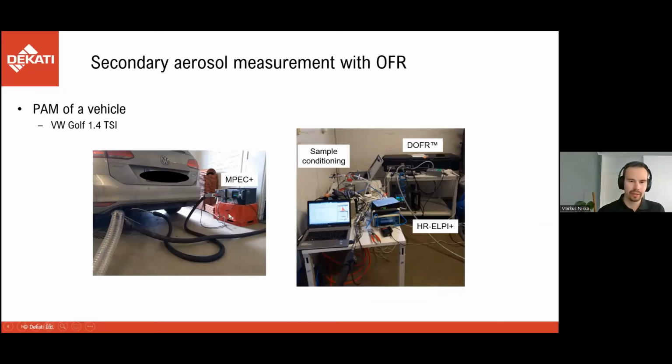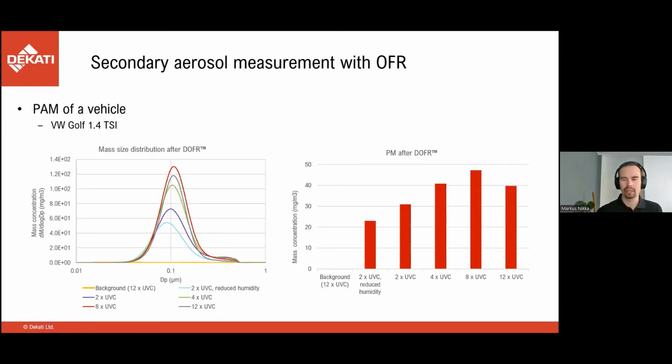We had the MPEG Plus instrument, which is also a new product of ours, monitoring the primary emission, and then we had a Dekati oxidation flow reactor combined with the HRLP Plus, measuring the secondary aerosol. And here are the results. The primary results are missing here, but they were really low.